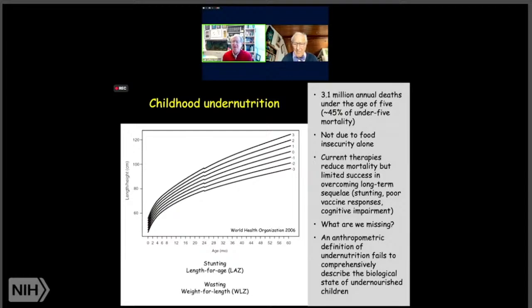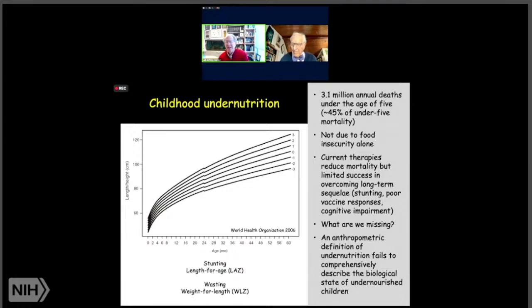It's the leading cause of death of children under the age of 5. There have been many epidemiological studies that have demonstrated that childhood undernutrition is not due to food insecurity alone, but represents the confluence of many factors that operate within and across generations.